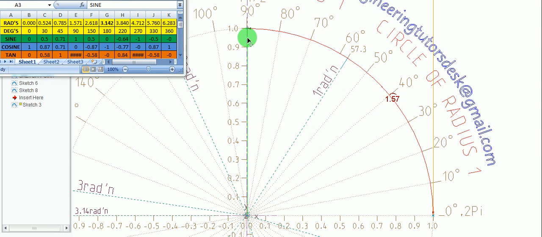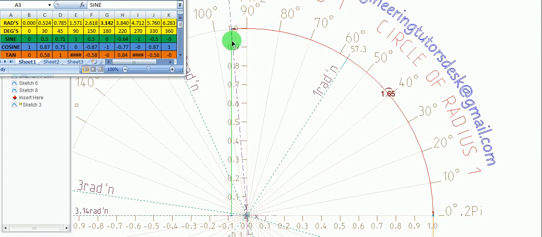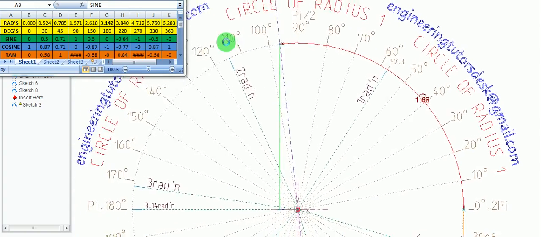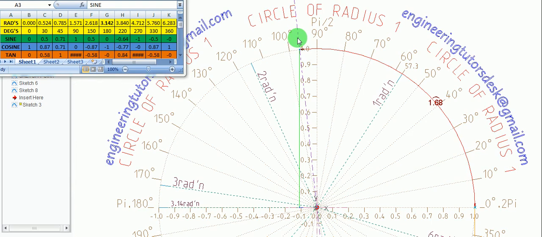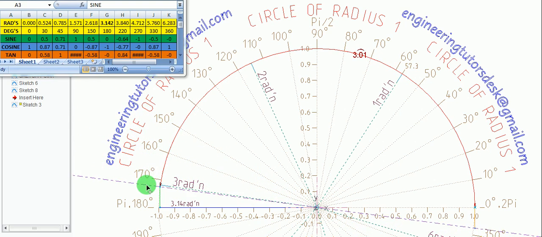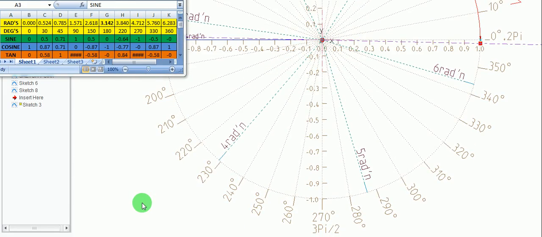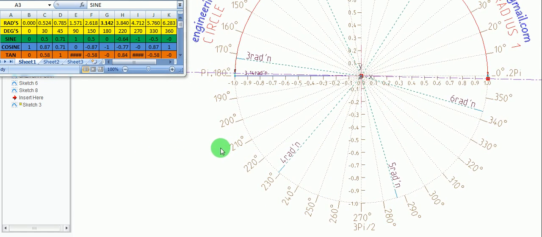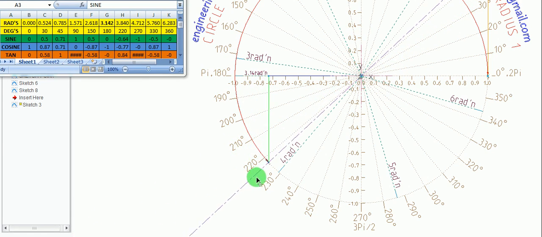When I cross 90 degrees, its height will start decreasing. And when I move towards 180 degrees, its height again goes to 0. When I still continue from 180 degrees to 270 degrees, its height again goes on increasing in the negative direction.